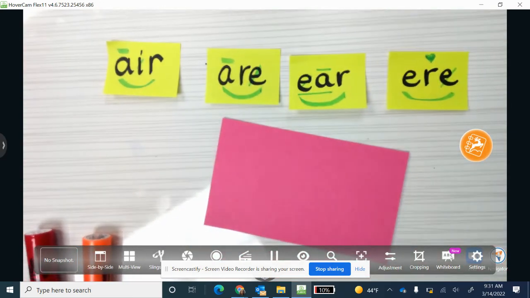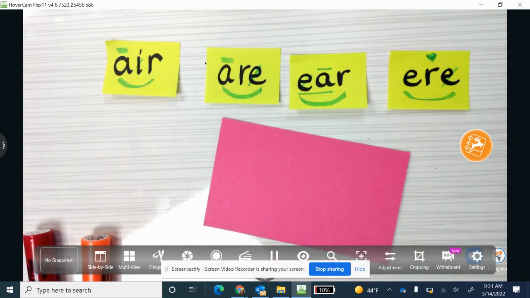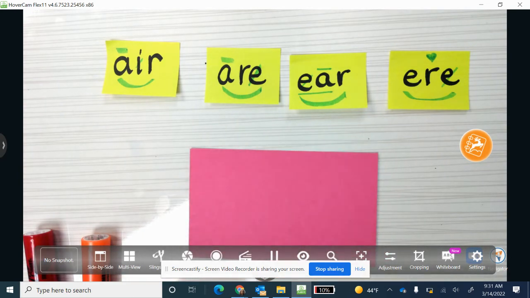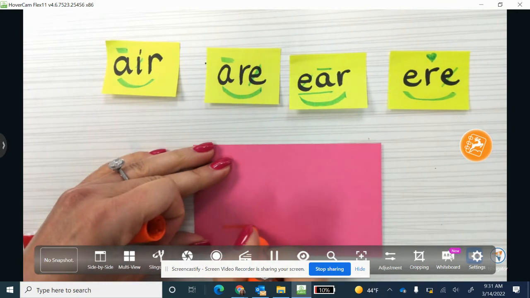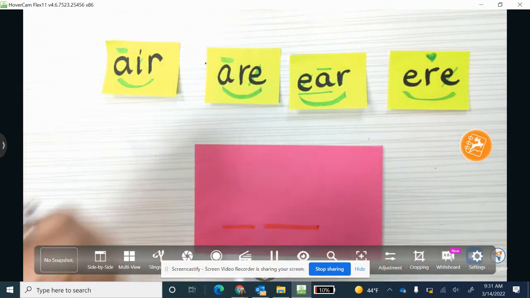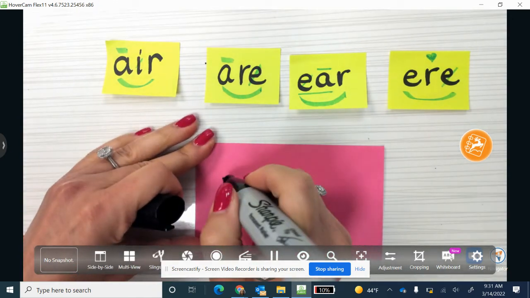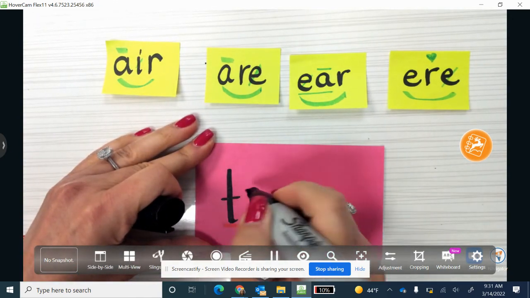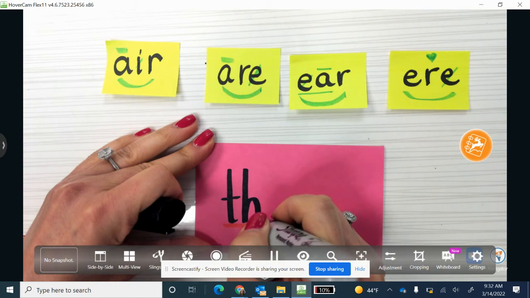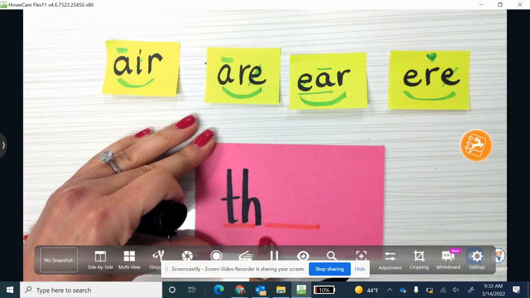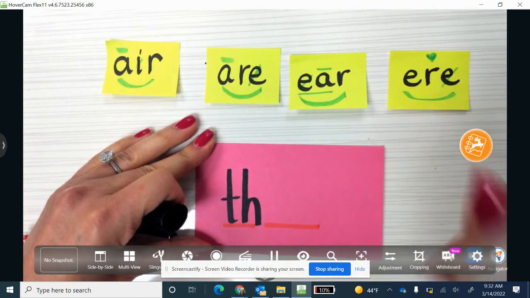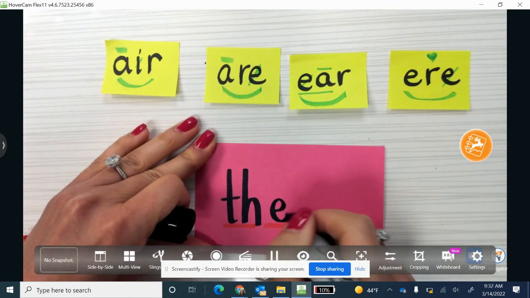And the last one. Number 10. There. Okay? That's our digraph. It's our voiced digraph. And the ERE spelling pattern.